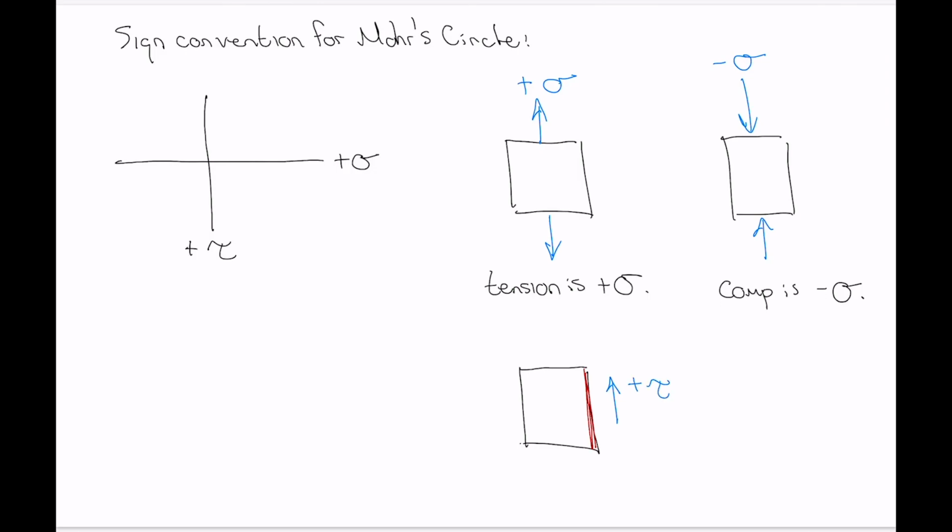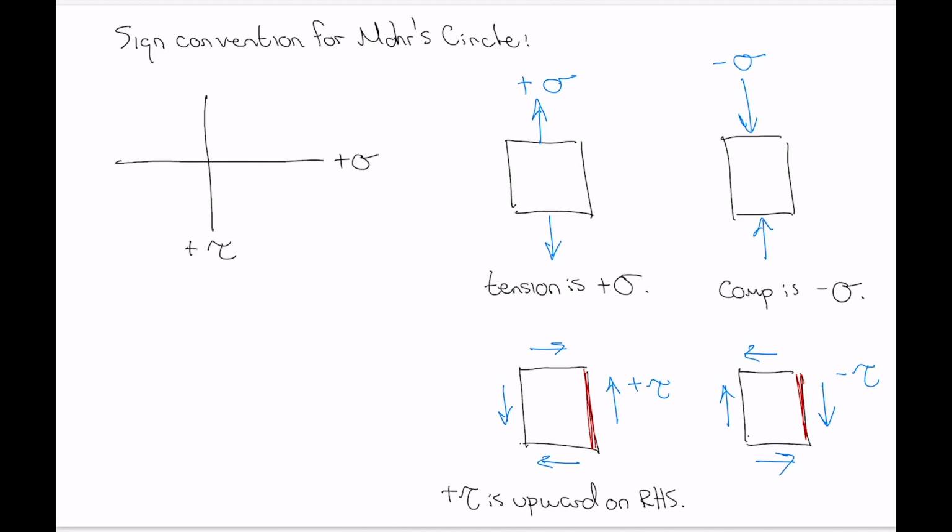So if the shear stress is acting upwards on the right-hand side, it has to be downwards on the left-hand side, and then to the right on the top and to the left on the bottom for those complementary pair of shear stresses, and that's a state of positive shear stress. So positive tau is upward on the right-hand side of the element. And then, of course, now that you know that, you know what a negative state of shear stress looks like. Again, you always look at the right-hand side, and if the shear stress is downwards on the right-hand side, then that's a negative shear stress.